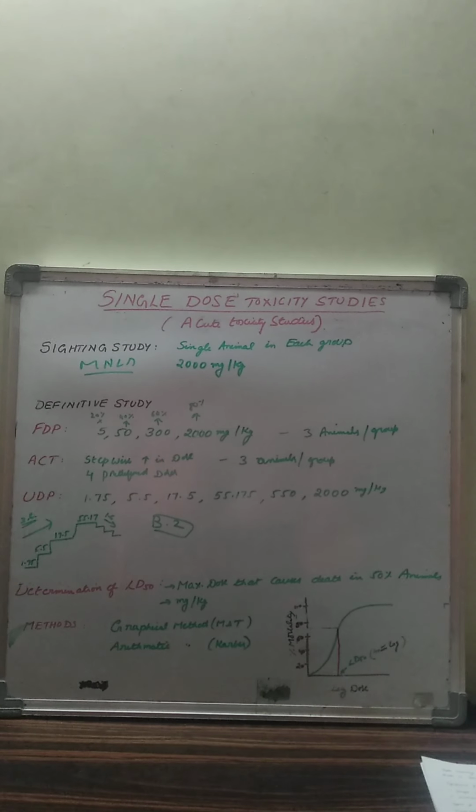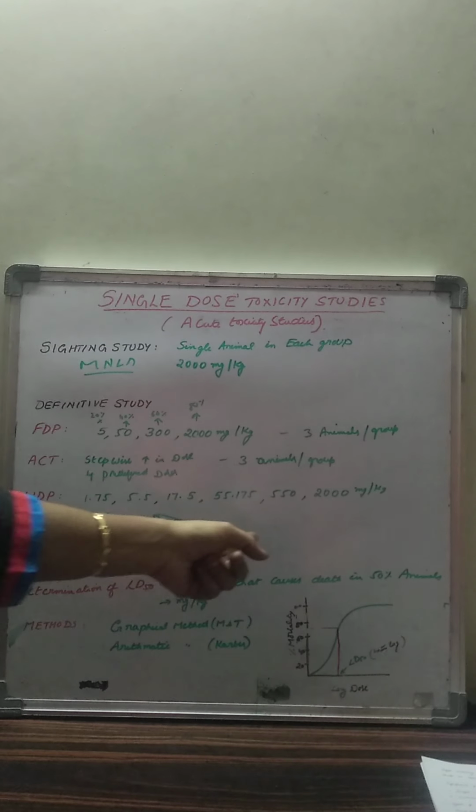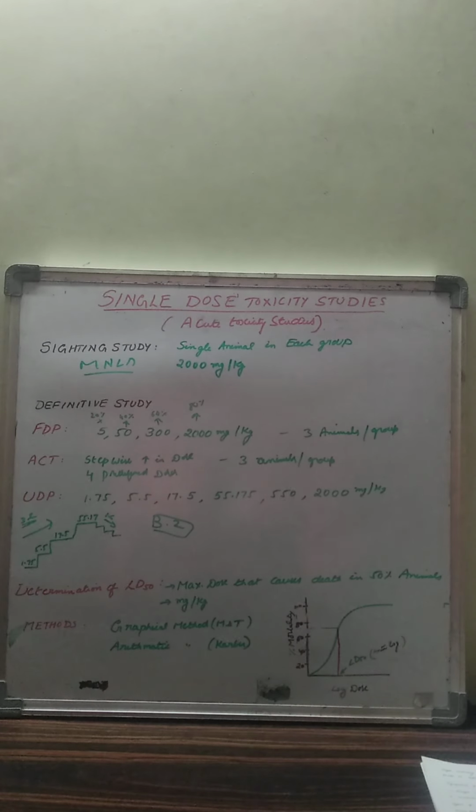That method is called the Karber method. So you have the graphical method as well as the arithmetic method for calculation of the LD50, which are very popular. Whatever was explained is the graphical method, also called the Miller-Tainter method, and the arithmetic method, where we use a formula to calculate the LD50 value, is known as the Karber method.